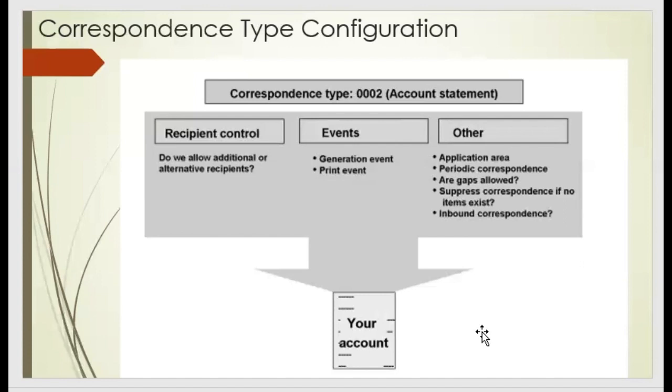Whereas if somebody sends something back to us, which would be the inbound correspondence, in that case also we can collect that information from the customer based on the contract account details. Okay.